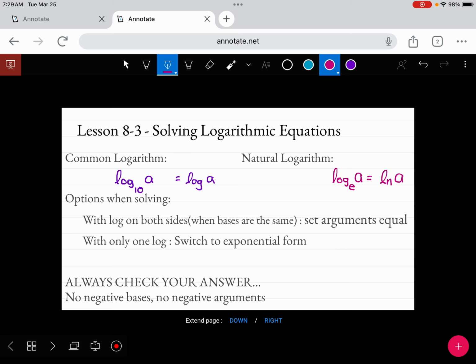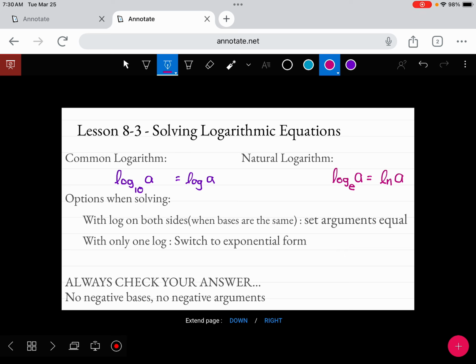Well, now with logs, when our bases are the same, we're only going to look at the arguments, because the other part matches. And if we have logs on only one side, what we're going to do is switch it into exponential form.